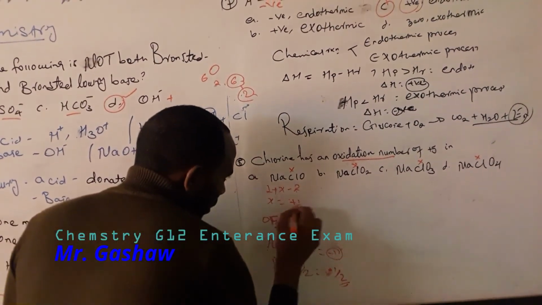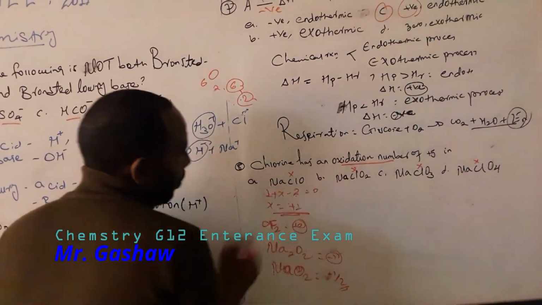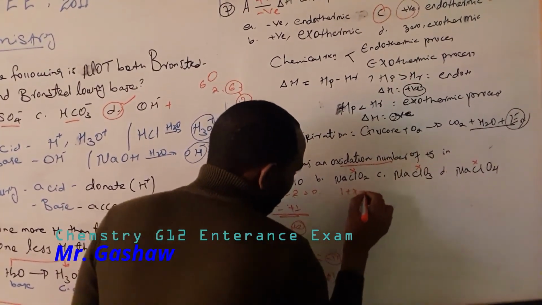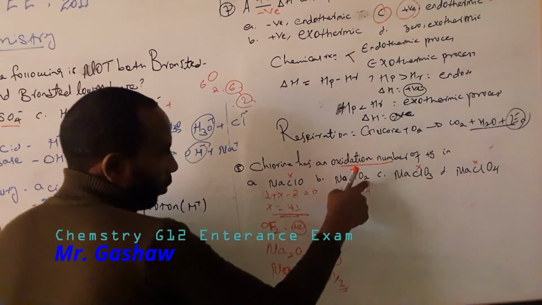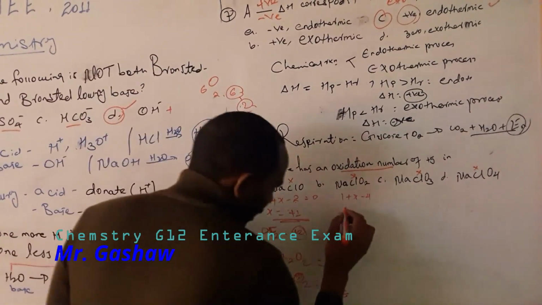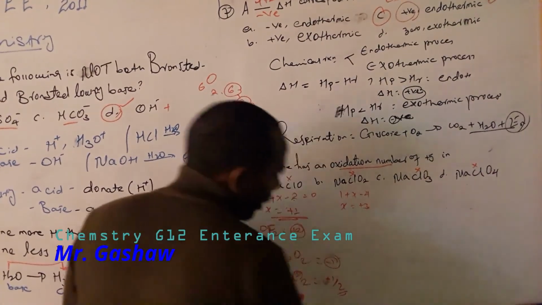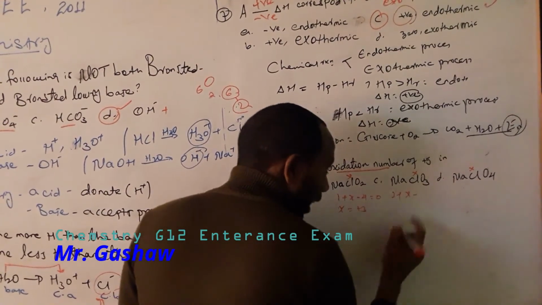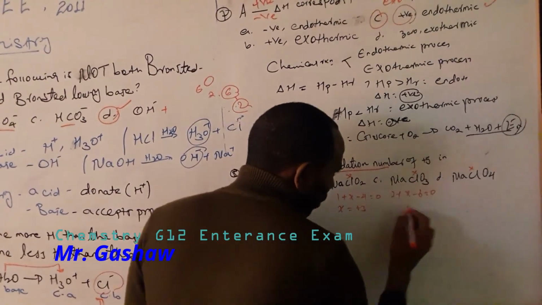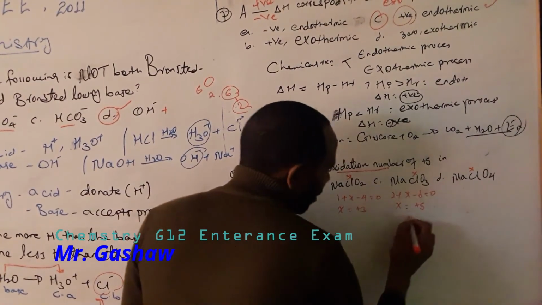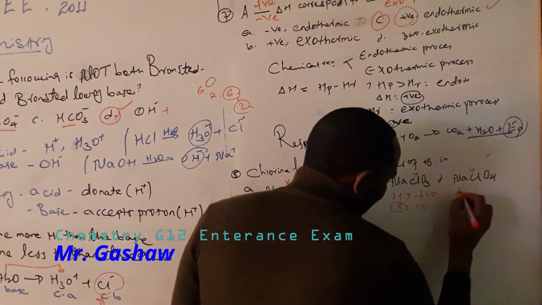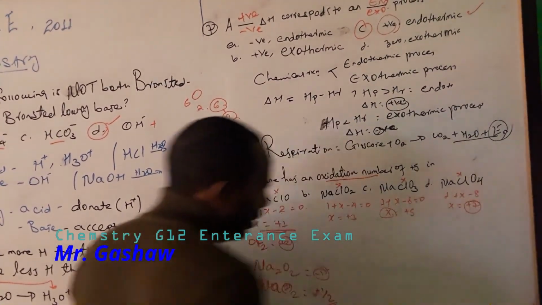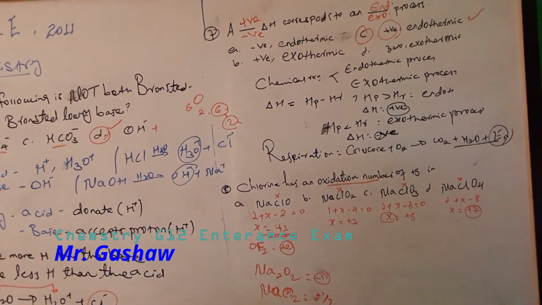So taking this, x + 1 = 0, so the oxidation state number of chlorine here is +1. In the next one, 1 + x - 4 = 0, because there are 2 atoms of oxygen, 2 times -2 is -4, so here it is +3. In the next, 1 + x - 3 times 2 = 1 + x - 6 = 0, so x equals +5. In the last one, 1 + x - 8 = 0, so x equals +7. These are the oxidation state numbers of chlorine in each compound.